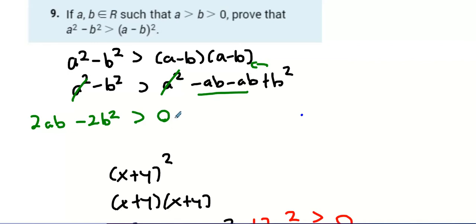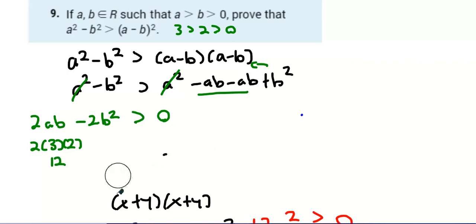Now, let me explain something. Read the description of the question. A is bigger than b is bigger than 0. For argument's sake, a is 3, b is 2, and they're both bigger than 0. Is that okay? Now, check this out. 2 times 3 times 2. What's 2 times 3 times 2? 12.